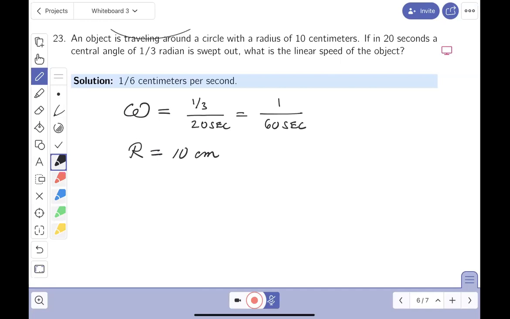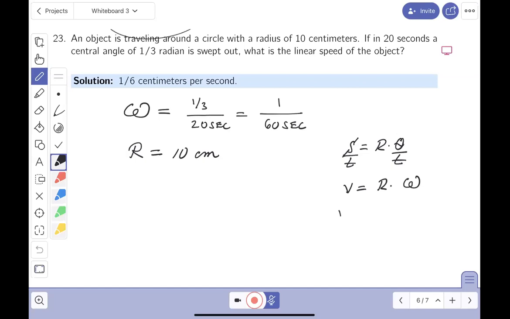Well, let's remind you about this. Maybe you can't remember, but I think we have some relationships. S equals r theta. I think you've seen this before. If you divide both sides by t, S over t is velocity, r, and omega over t is angular velocity or angular speed. So what do we know?